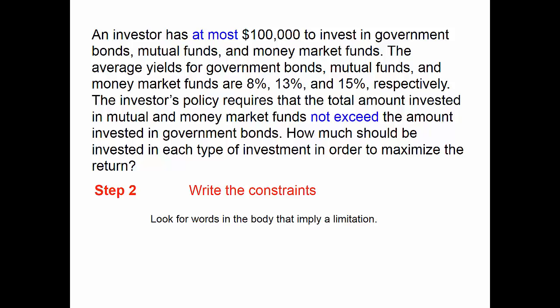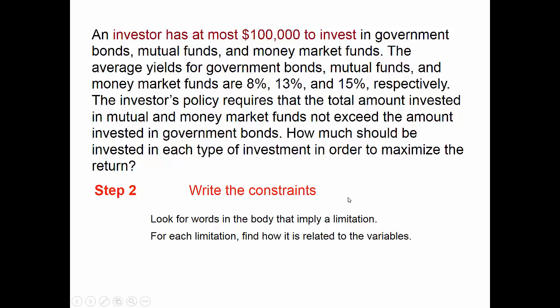That implies that he does not have any more than that. That's a constraint. About midway down, you see that the policy is that the amount invested in mutual and money market funds not exceed. Those are the words we're looking for that imply limitations.